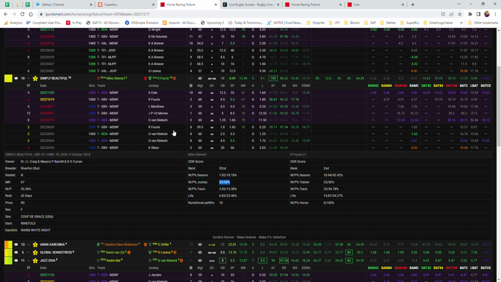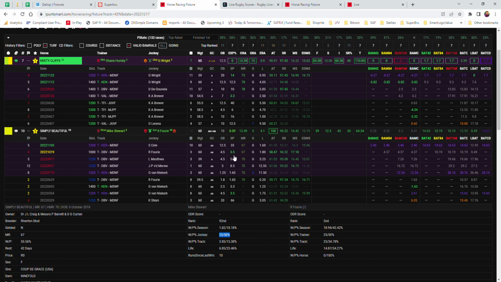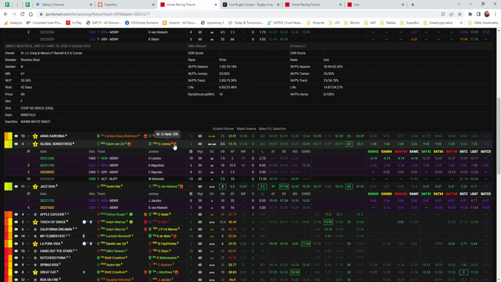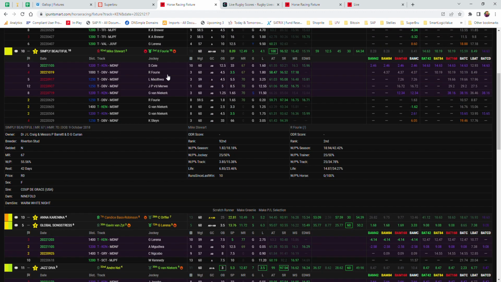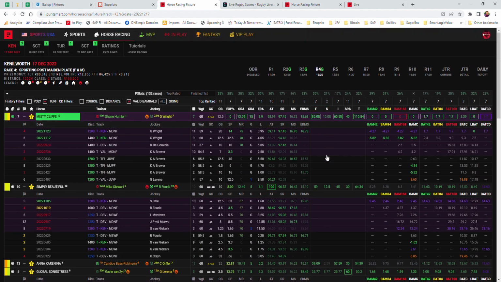But maybe will also be involved in the quartet here. And then Global Songstress. Gavin van Sale is 3 for the day with Gavin Marina here. Did run very well, second over the last exact course and distance, which also gives it a decent enough sort of chance. But my purple bat, or the bat CD, the exact course, exact distance bat, still leads me to this little nice one at 14th.